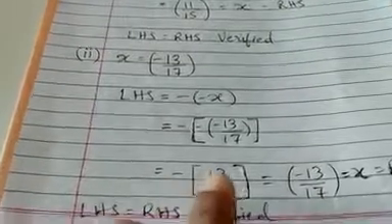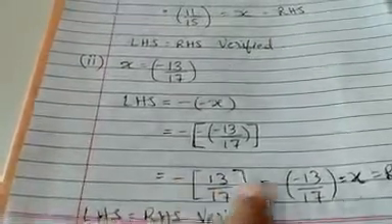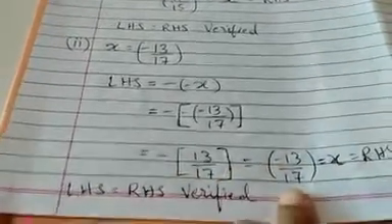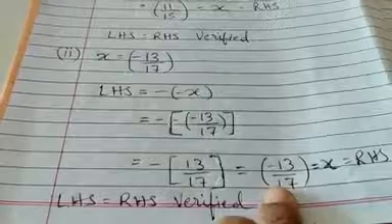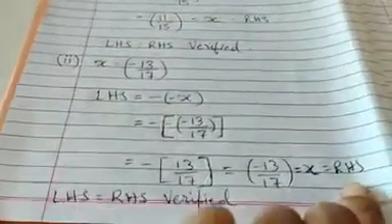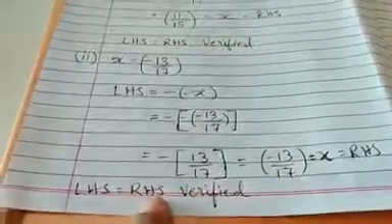So finally positive into negative gives you a negative value, negative 13 by 17, and negative 13 by 17 is nothing but x. So that's equal to RHS. So LHS equal to RHS is verified.